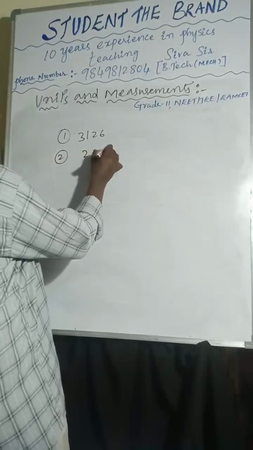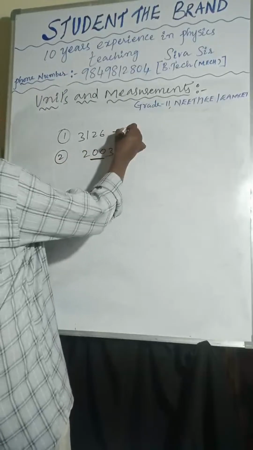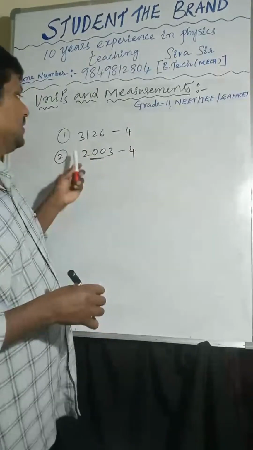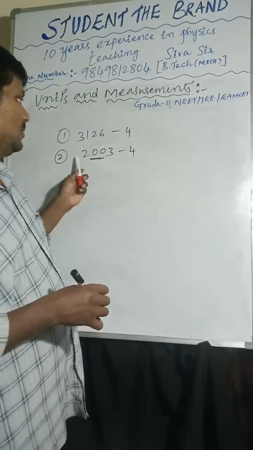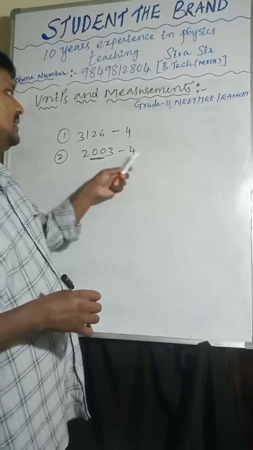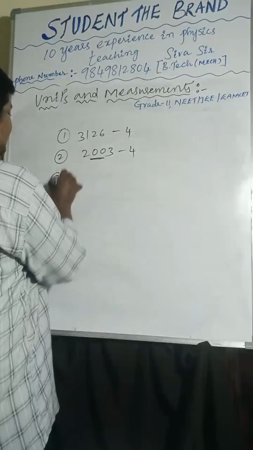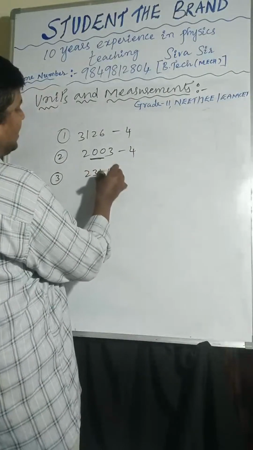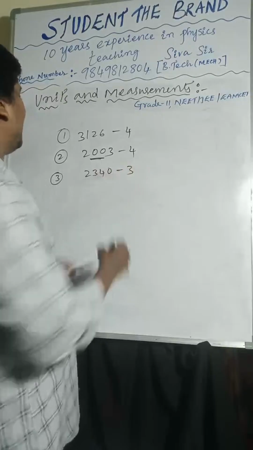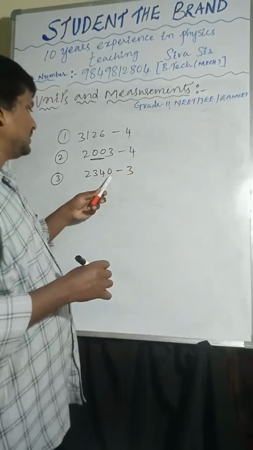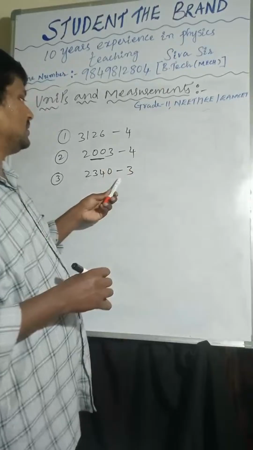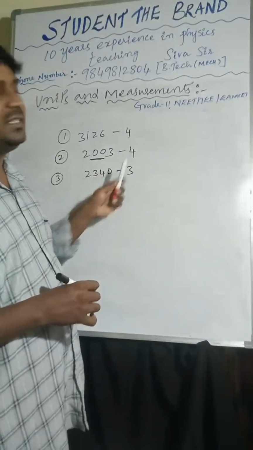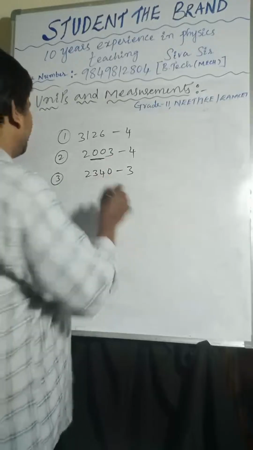So 2, 0, 3 here I am taking 4, here also 4, because all zeros occurring between two non-zero digits are significant figures. And the third one, all zeros occurring on the right side of the last non-zero digit, this is not significant. Only significant figures are 3.